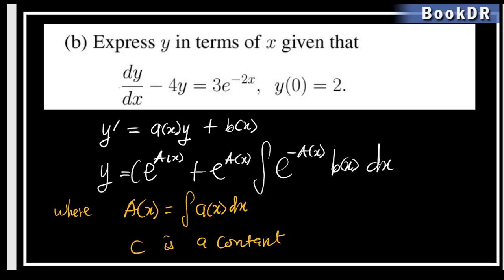We'll write the differential equation in the form y prime is equal to a(x)y plus b(x). So this would be y prime is equal to 4y plus 3e^(-2x).